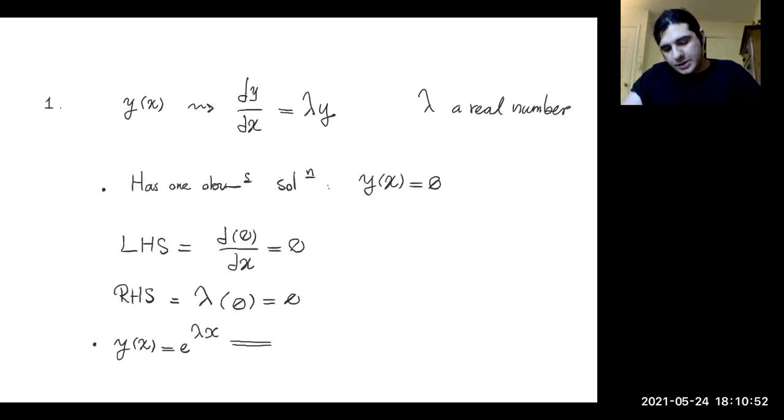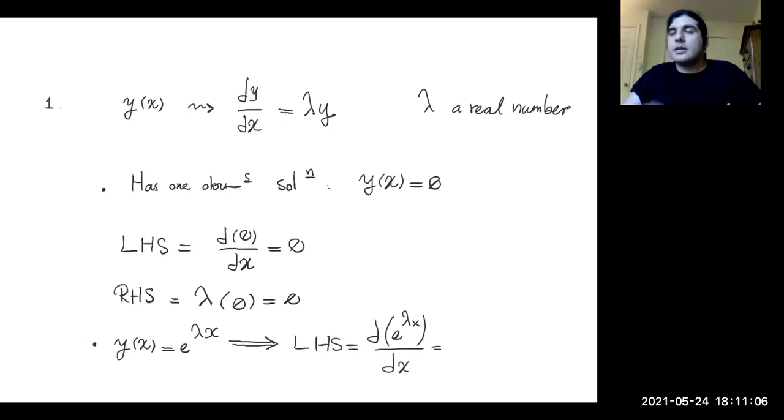So we should first look at the left-hand side and right-hand side. Let's look at the left-hand side. We should take derivative of e to the lambda x with respect to x. So what is the result of this derivative? Well, you might know that derivative of e to the x is e to the x.